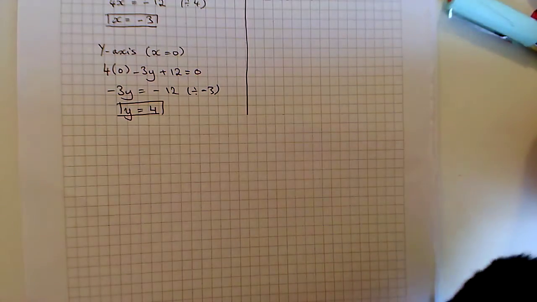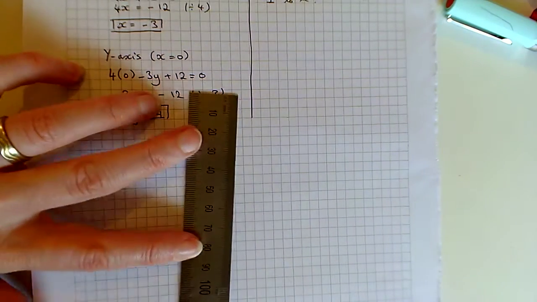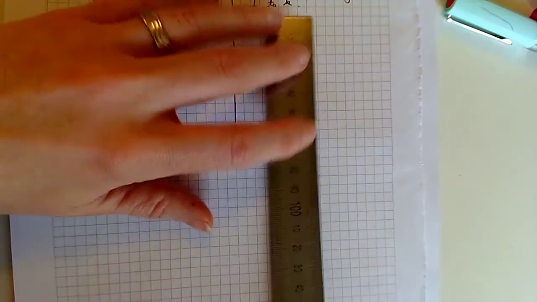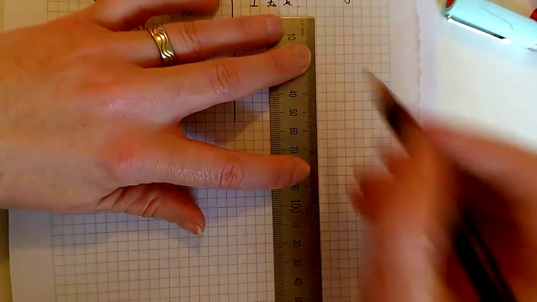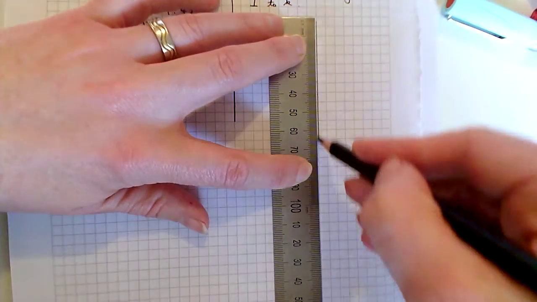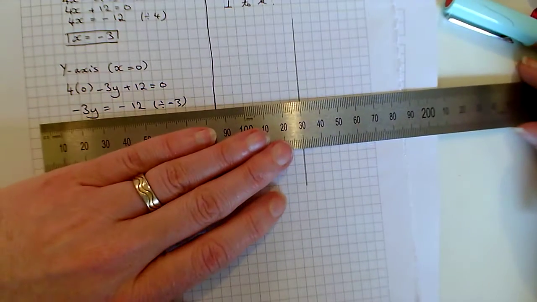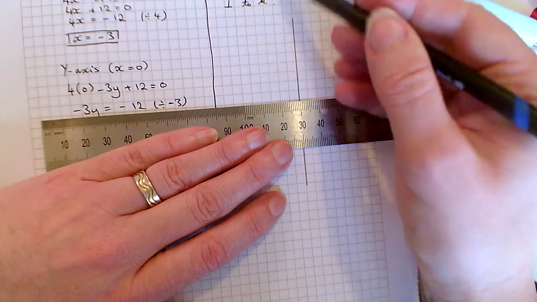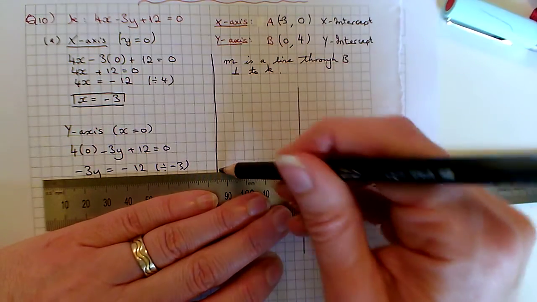We know that my y-axis must go up as far as 4. I'm just going to do a small diagram here, we don't have to take up the whole page. My y-axis has to go up as far as 4, and my x-axis has to go over as far as minus 3. How do I know that? Because those are the two coordinates that I have.